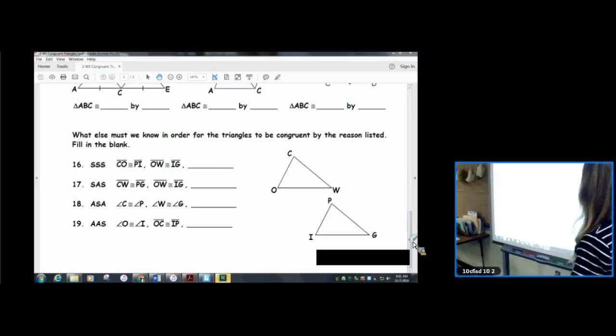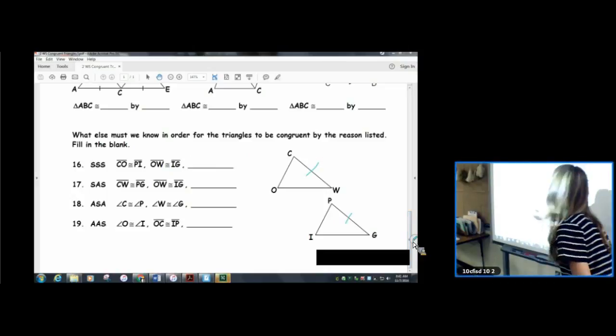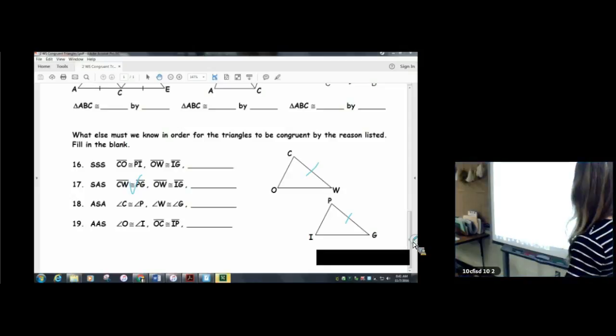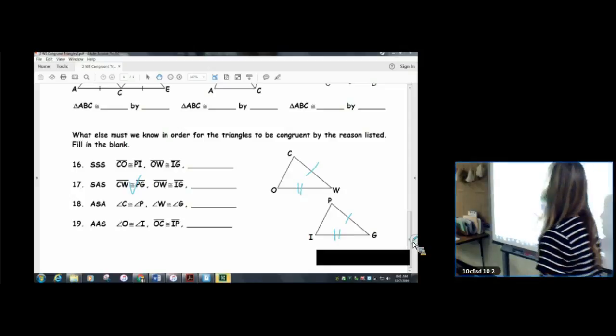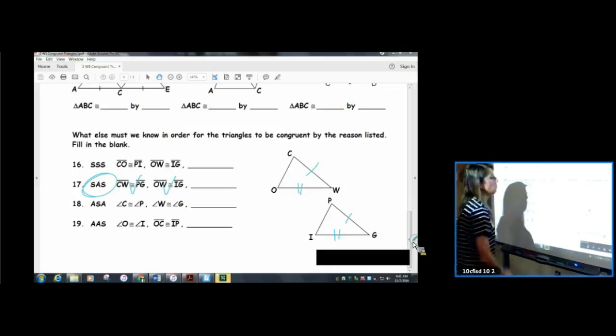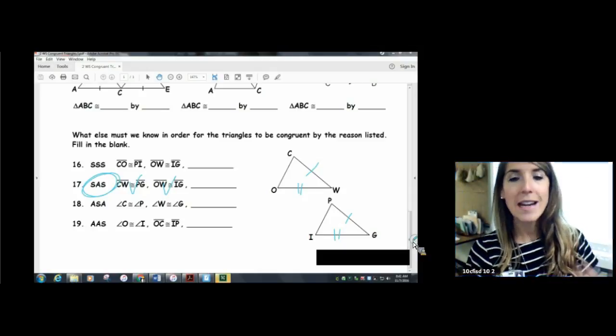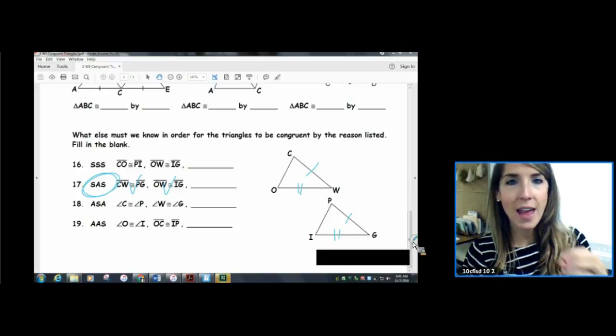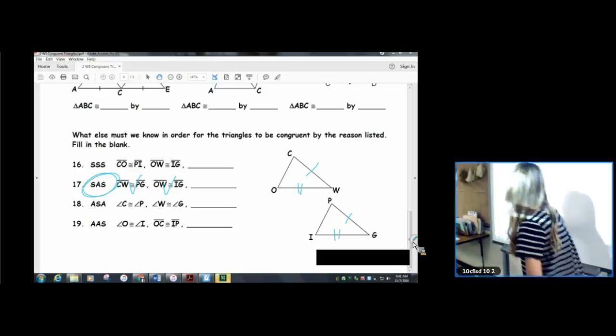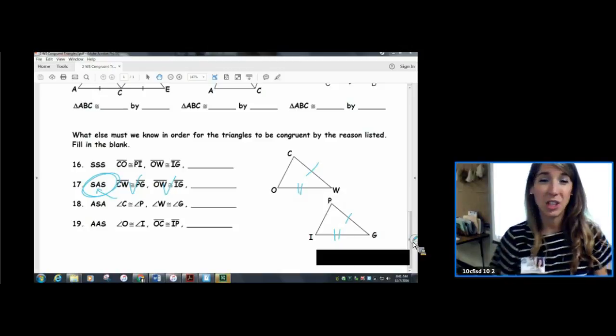Mark what we know. CW is congruent to PG. Check. OW is congruent to IG. Check. And we have to use side angle side. All right, well, we already have our two sides. We need an angle. And it's a specific angle. It can't just be any angle. We need the angle that is between the two sides.